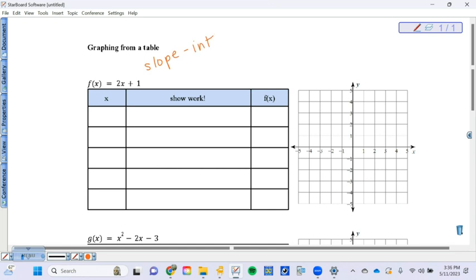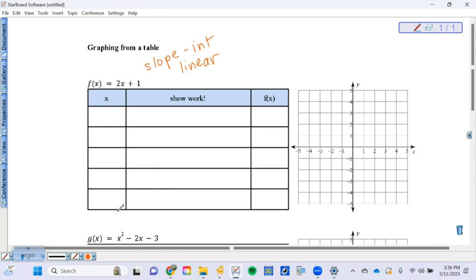Slope-intercept. What kind of graph does that produce? Linear. Yes, this produces a linear graph.